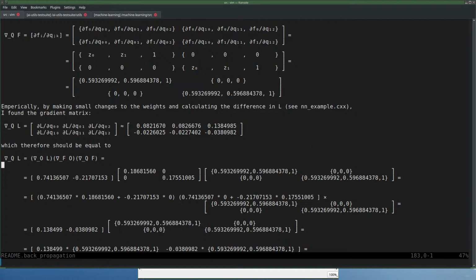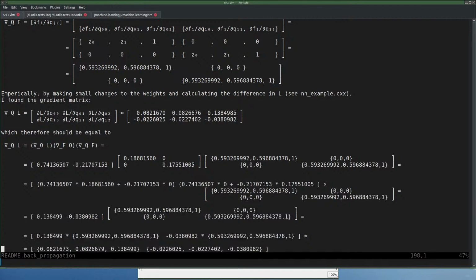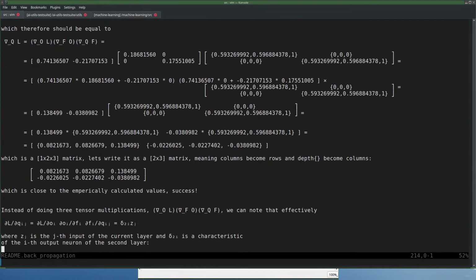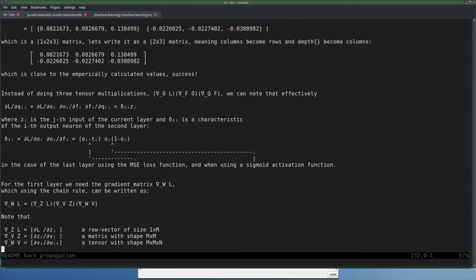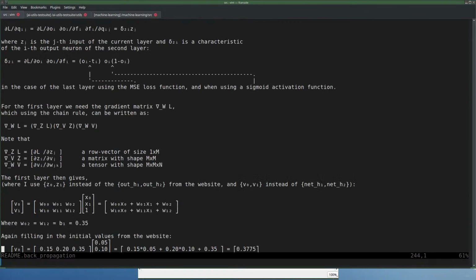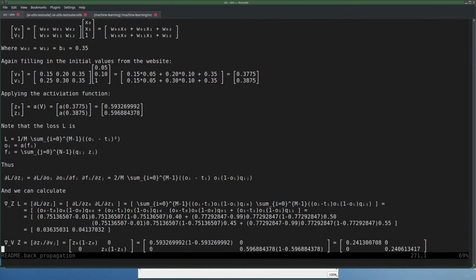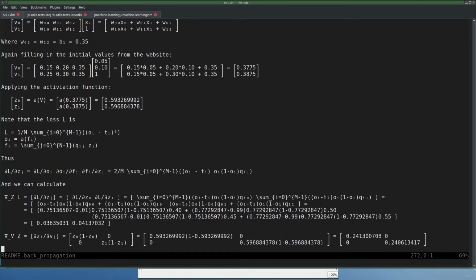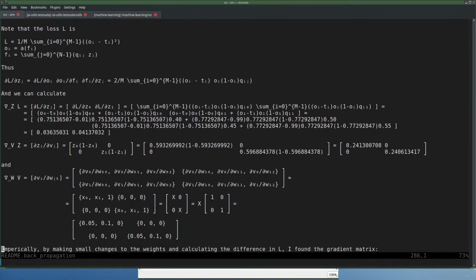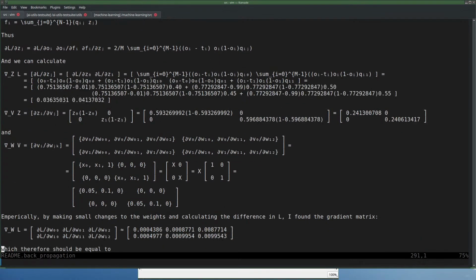In the end you say, okay, but I can get the exact same effect by doing something else. And then we end up with the formulas that I got at the end. This is just still filling in, and still the three-dimensional tensors.